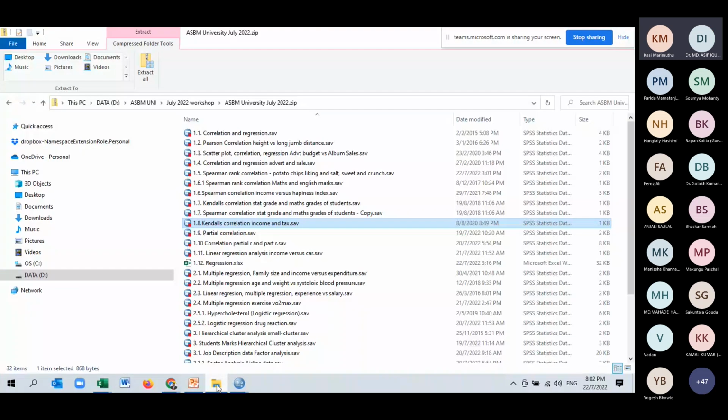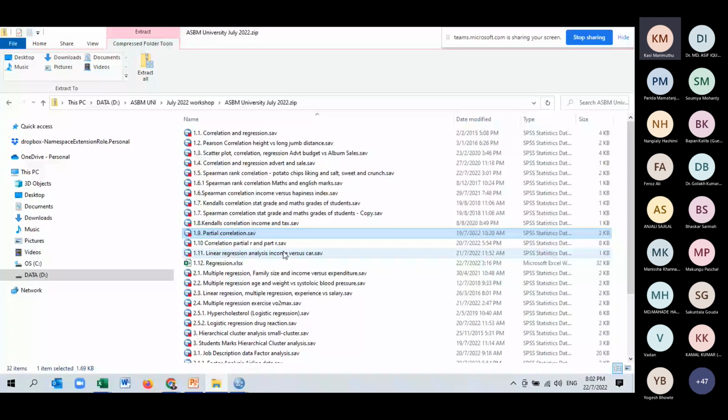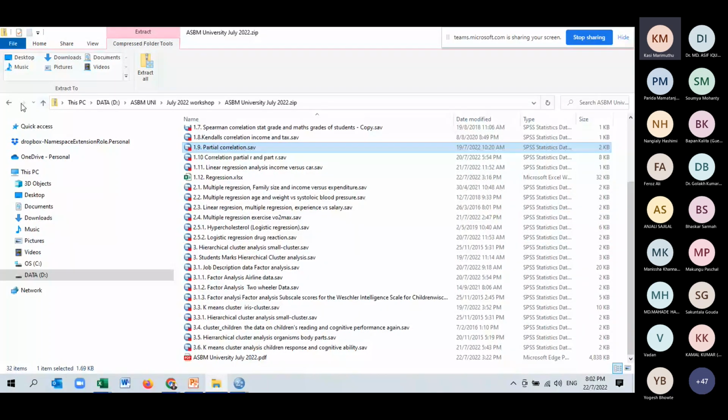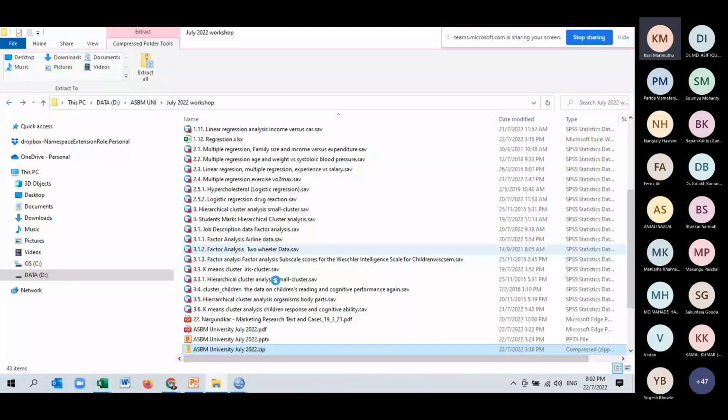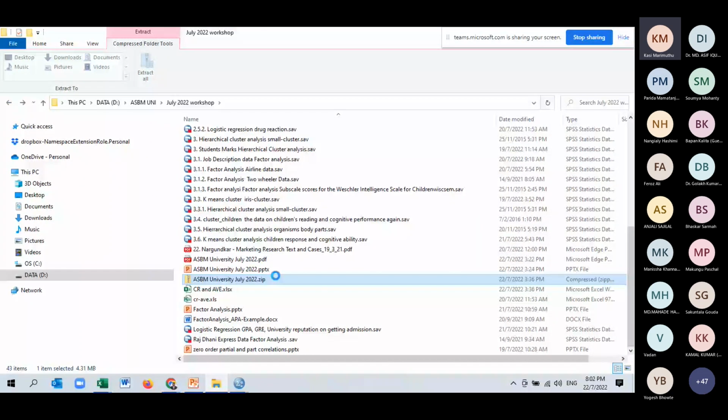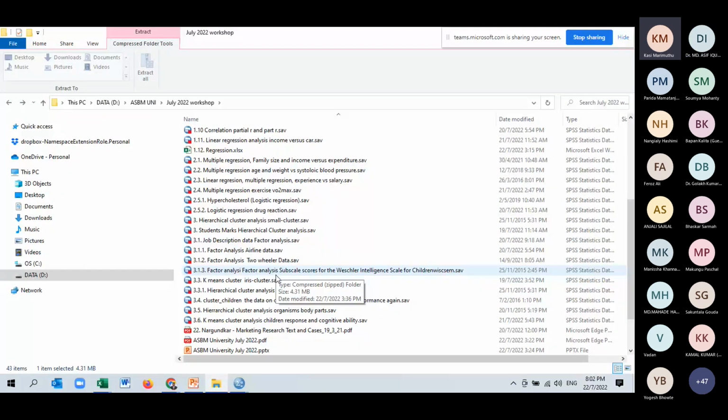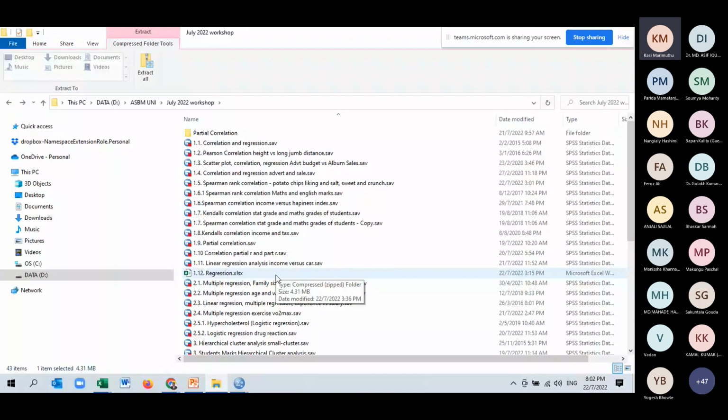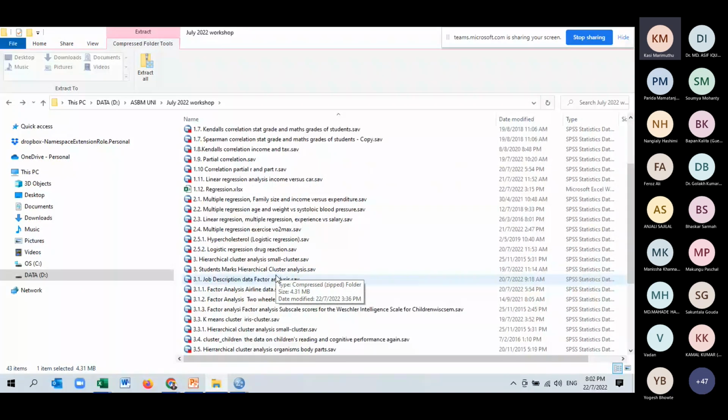Please go to the file 1.9 partial correlation. Let me see if I have any other partial example. I think I have only one correlation.